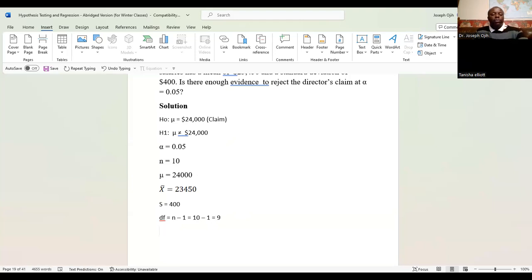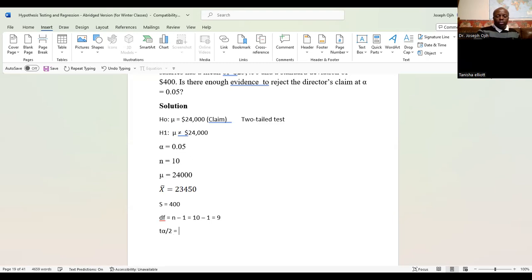So the critical value this time becomes t alpha over 2. This one is a two-tailed test because the null is equal and the alternative is not equal. So this time we're using alpha over 2, with alpha at 0.05.